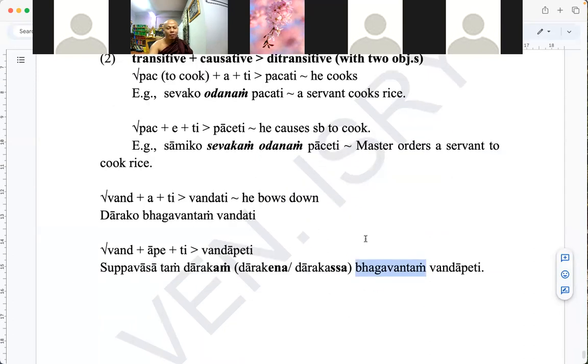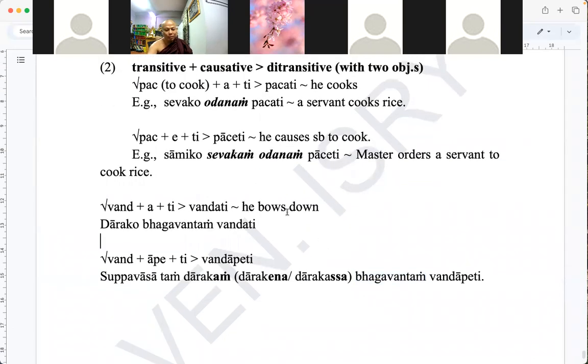Originally here the verb vandati is without the causative, and the object is Bhagavantaṃ.